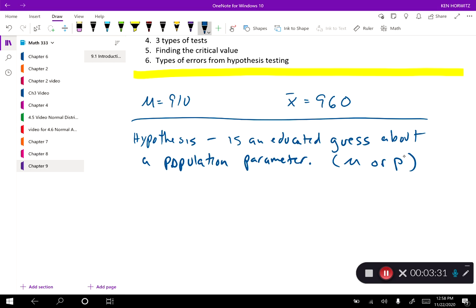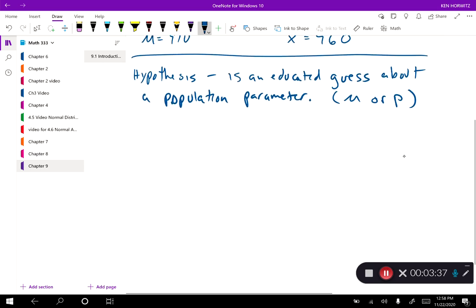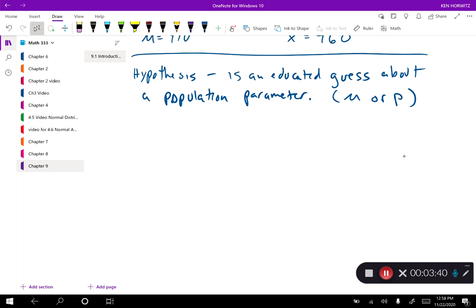All right, so hypothesis testing is seeing if that educated guess is valid based on the evidence in the problem. So I'll write that out.